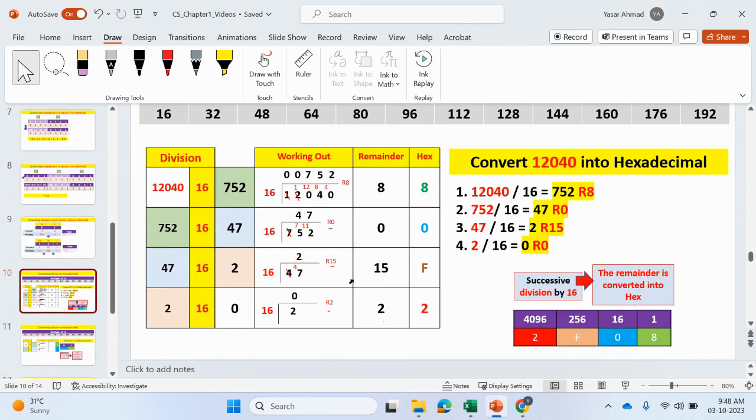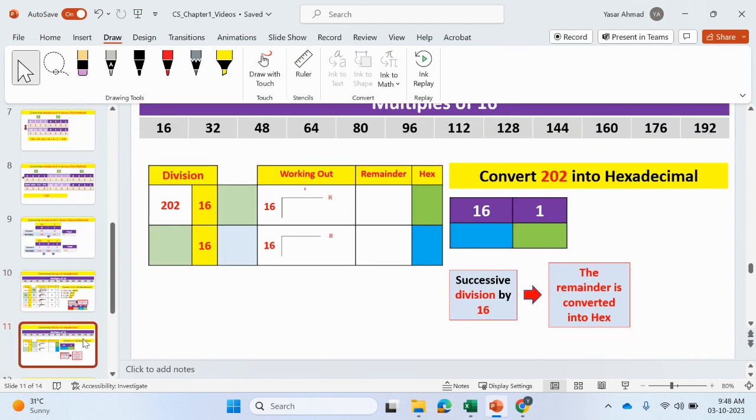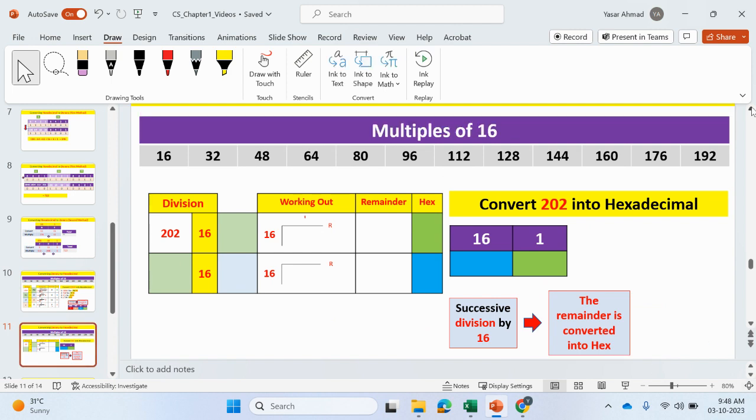Right, so that was the first example. Now we're going to do this together, and this table here will hopefully help us. We need to convert 202 into hexadecimal. The first part of the equation is I'm going to put 202 here. Let me just count these numbers here: 1, 2, 3, 4, 5, 6, 7, 8, 9, 10, 11, 12.